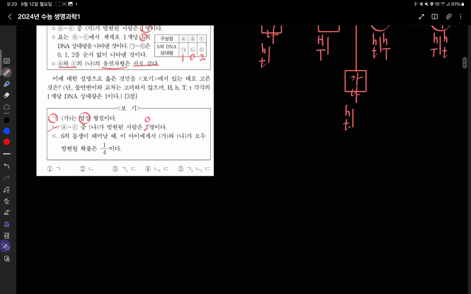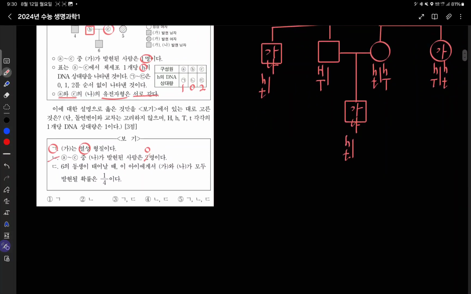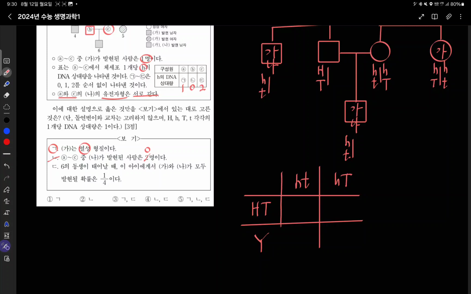And for the third statement, if the parents of number 6 have another child, if we make the Punnett square, the probability for this child to have both the first and second trait is this.